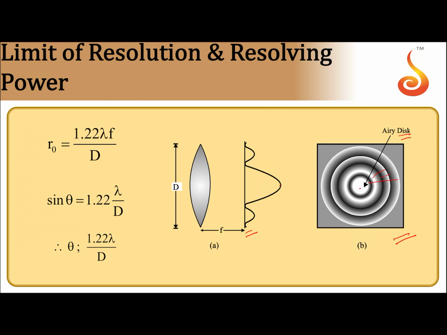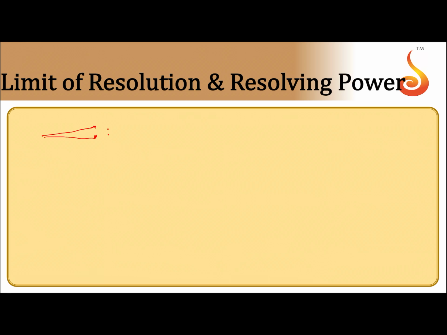Suppose there are two point objects, then what you see is the overlapping of one more diffraction pattern over this. So it will be something like, this is the central bright of one, and this will be the central bright of another one. So they overlap. Then what you see is like this.